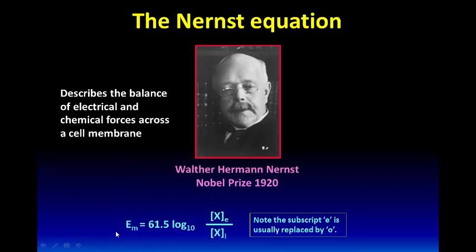This is the equilibrium potential. M means membrane, E equilibrium potential for a particular ion. This is the concentration of the ion in the extracellular fluid, and this is the concentration of the ion in the intracellular fluid. So we can use Nernst's equation to calculate the equilibrium potential for potassium.